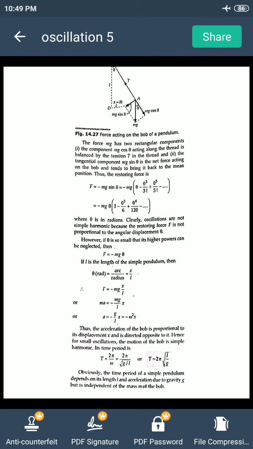Whatever L is represented here is the total length of the simple pendulum. So total length means the length of the thread, the height of the hook, and the radius of the metal bob.